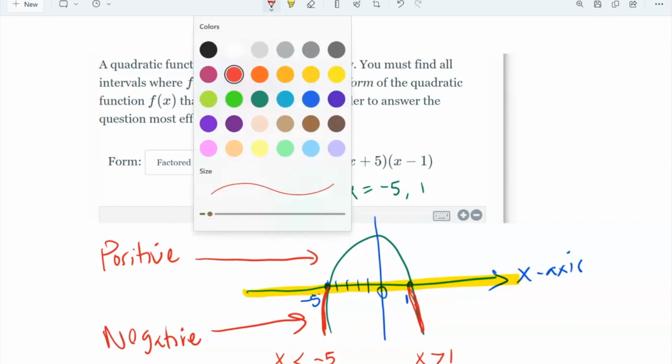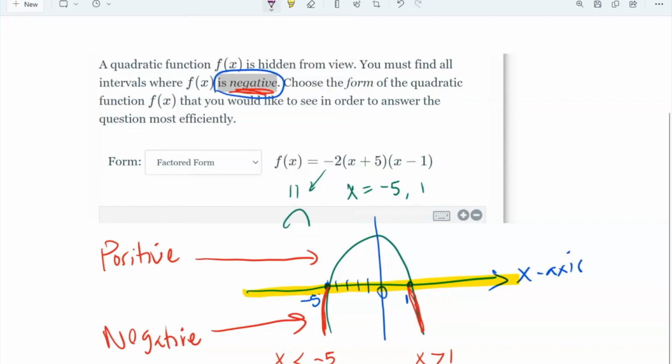Okay, now I'm going to go ahead and do the positive. When is it positive? It is positive from here, from -5, all the way to +1. So when x is between -5 and +1, it is above the x-axis. So it is below here, and it is above here. Okay, so that's how you do positive and negative.